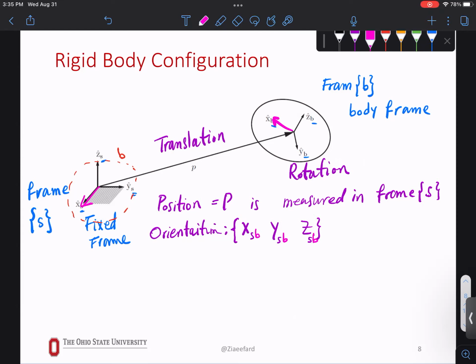The translation, we get the origin and say where you are with respect to that point. That becomes the translation. From here, we create our transformation. So this rotation becomes a rotation matrix.